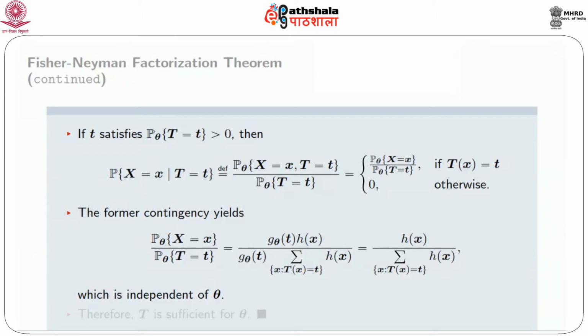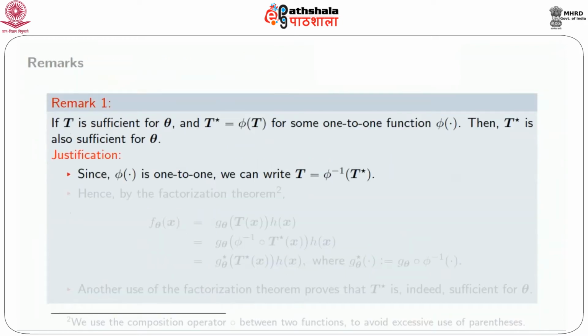After cancelling the factor g theta t, we get finally h(x) divided by summation over x, t(x) equals to t, of h(x), and it is independent of theta, and therefore we see that the conditional distribution of X given T is independent of theta, therefore T is sufficient for theta.